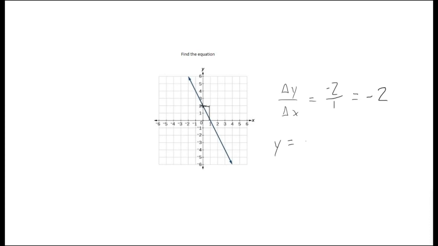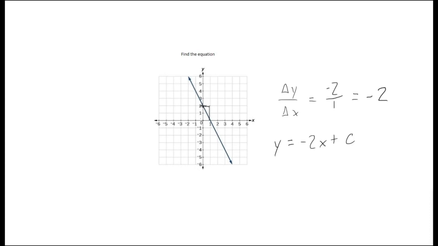Putting that in, we have y is equal to negative 2x plus some c, which is a placeholder for the y-intercept. Well, looking at the graph, the vertical line here is the y-axis, and the y-intercept is where the line given intercepts the y-axis.